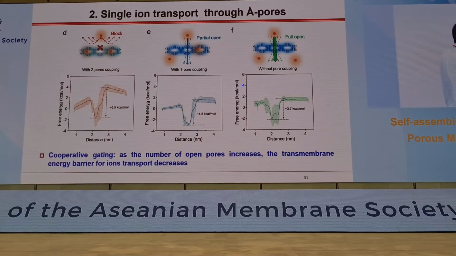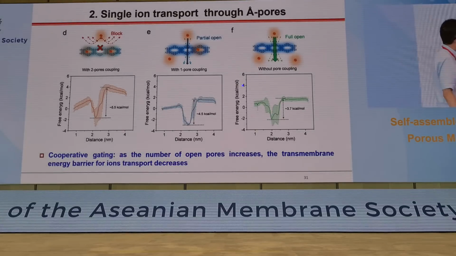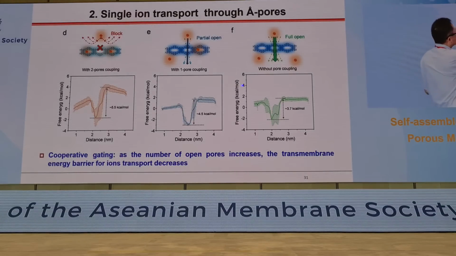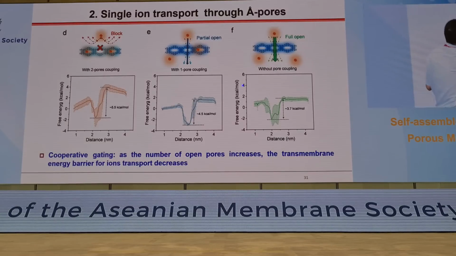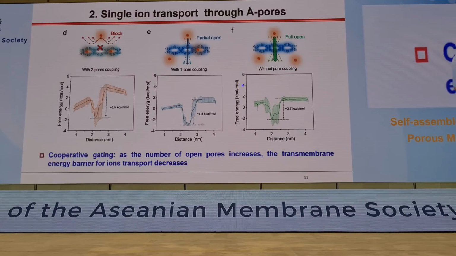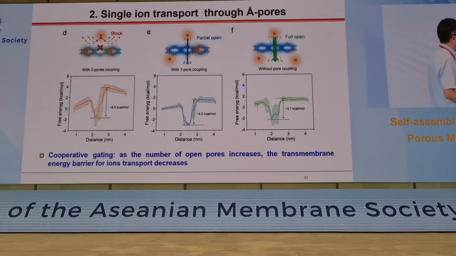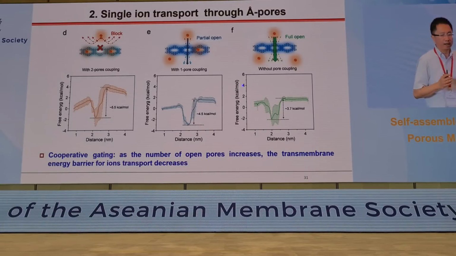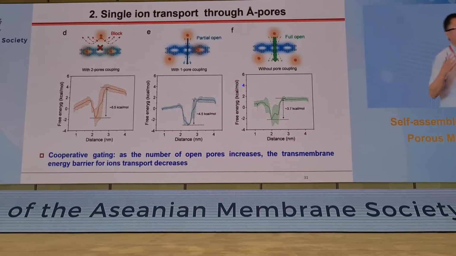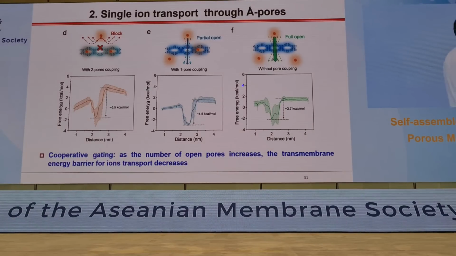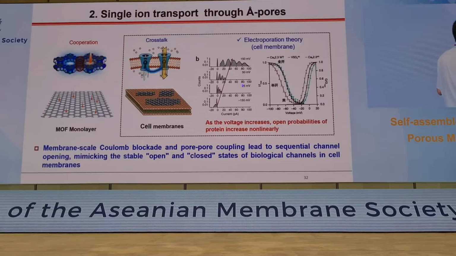It's about 5.5 kcal per mole. However, as the number of open pores increases, as shown in the middle and the right figures, the transmembrane energy barrier for ion transport gradually decreases. This demonstrates the synergistic effect during the opening of the pores.